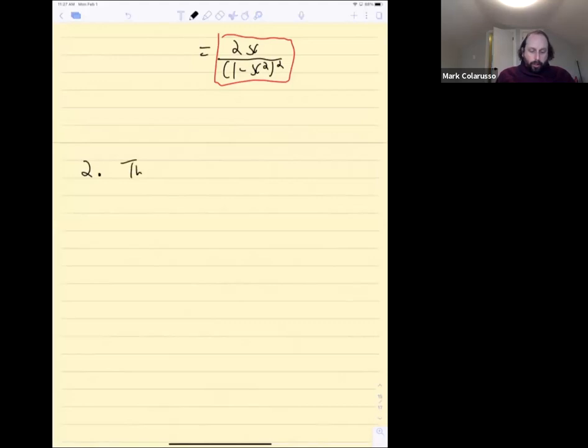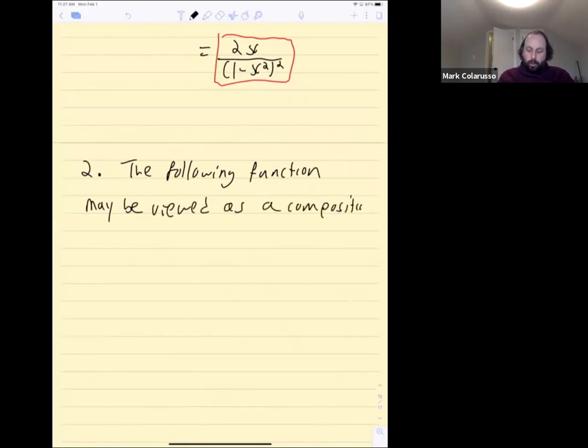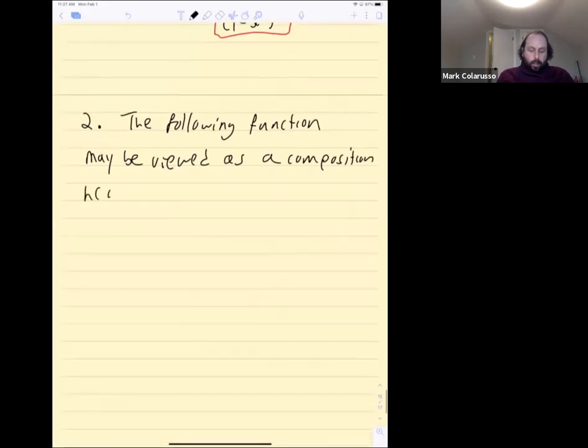Okay, so the following function may be viewed as a composition, h at x is f composed with g at x.